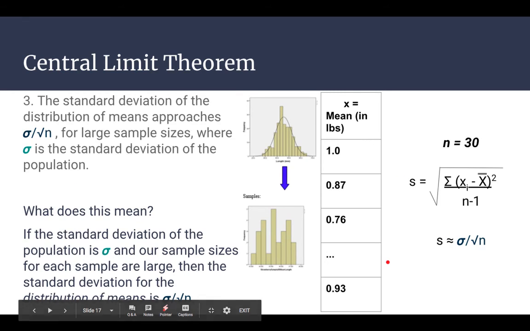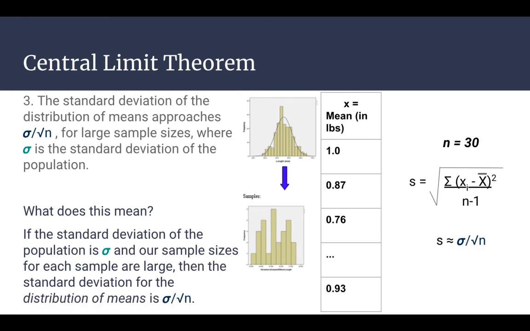Property 3 says the standard deviation of the distribution of means approaches sigma divided by the square root of n for large sample sizes, where sigma is the standard deviation of the population. What does this mean?